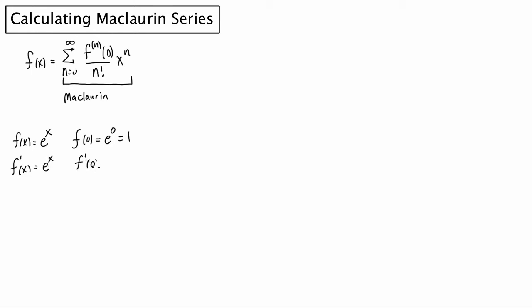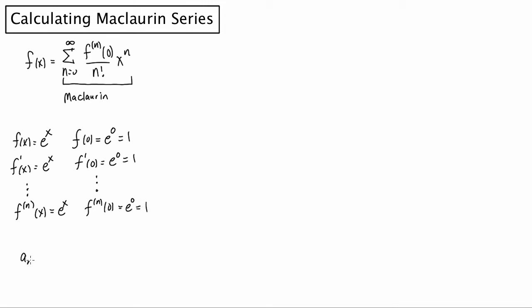Once again, taking its derivative there is also 1, and nothing's really going to change here. If I just keep going, in general, the nth derivative is also going to be e to the x. Therefore, the nth derivative evaluated at 0 is still 1.